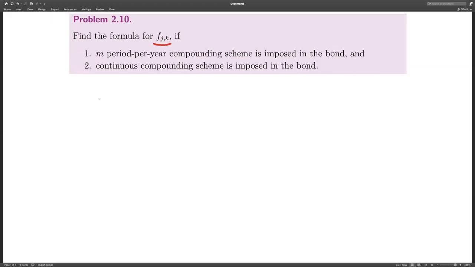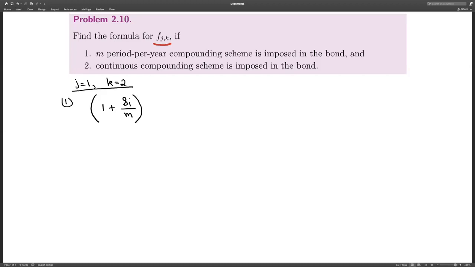In this case, the relation between the spot and the forward rate can be written as 1 plus S1 by m. Remember, I am taking j equal to 1 and k equal to 2. You can do it for the general case. So we are assuming that there are m periods in a year.